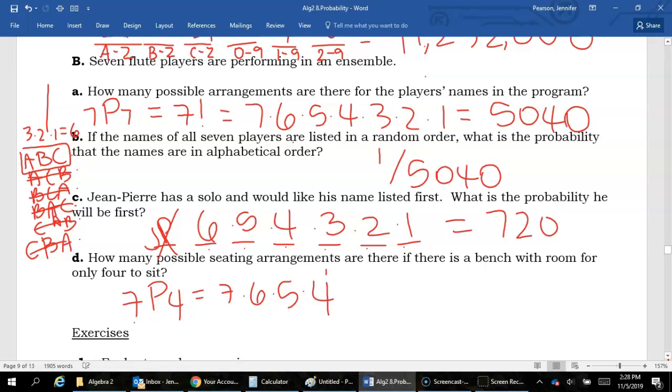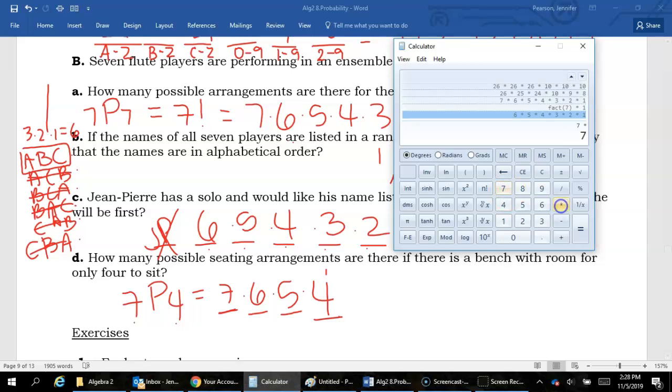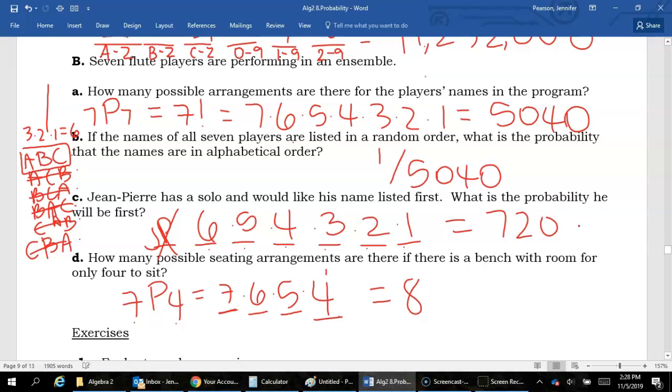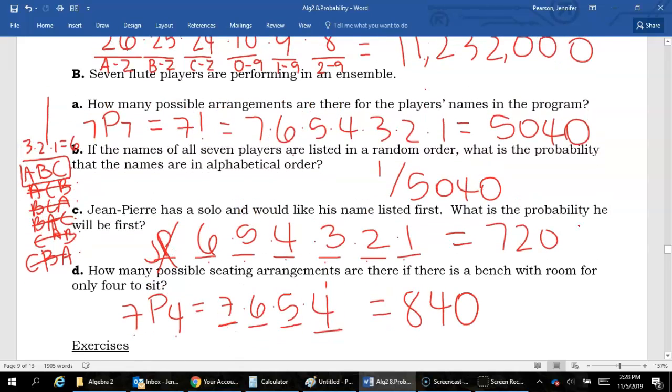So we started with 7, and we counted down till we had 4 numbers. Ending in 4 is just a coincidence. We have 4 numbers, and then we would multiply those out. 7, 6, 5, 4. And we can arrange those 4 of 7 in 840 possible ways. That's a lot of ways.